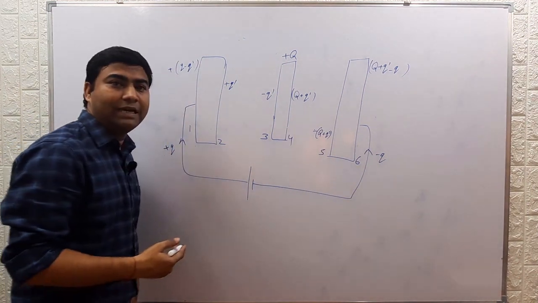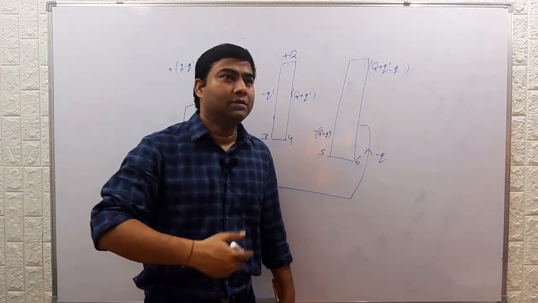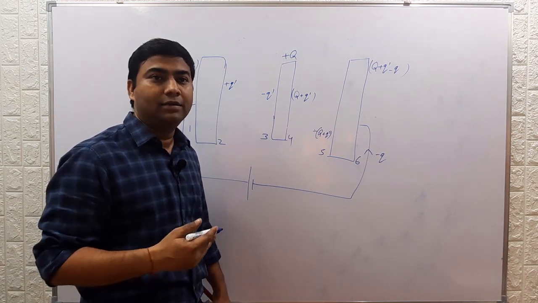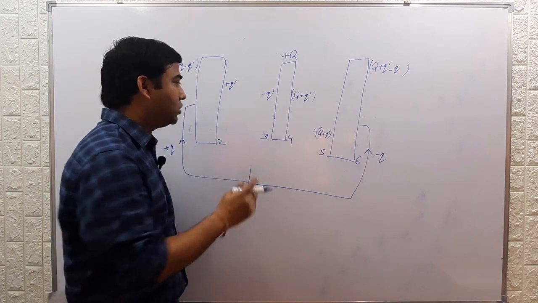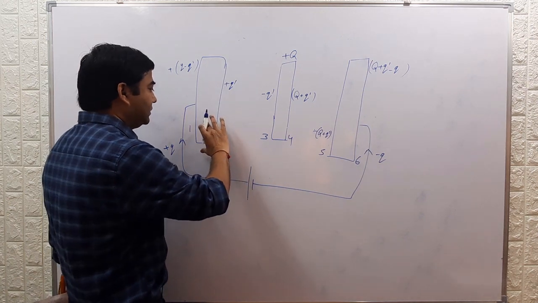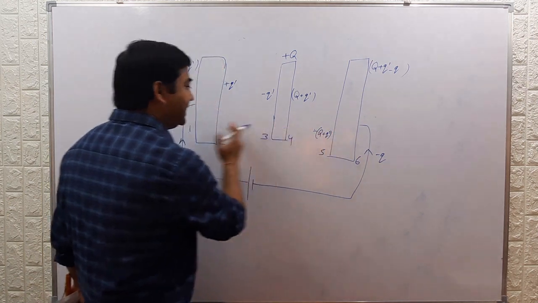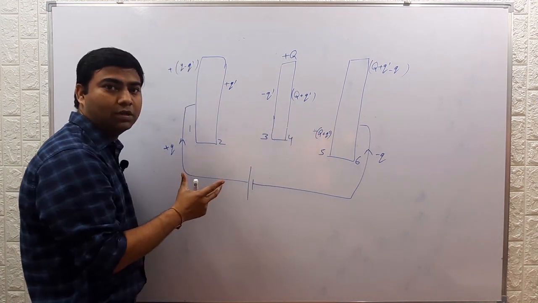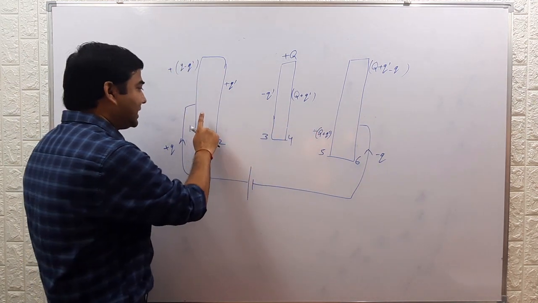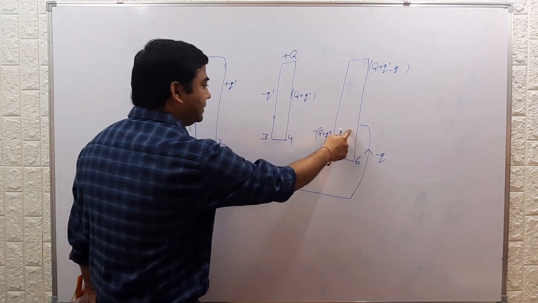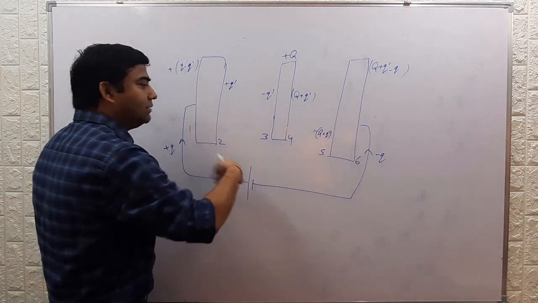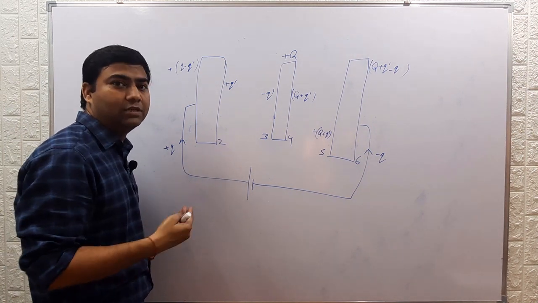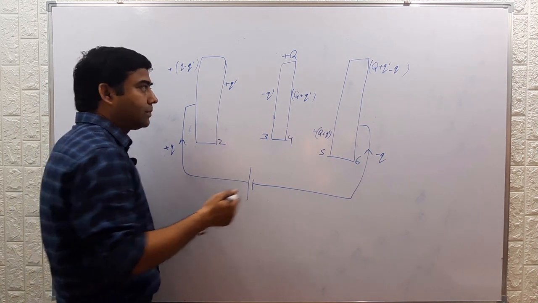So every face can be treated as a charged sheet of infinite dimension, because we have assumed that these distances are very small. So the electric field at any point in this area can be found by the formula of an infinitely large charge sheet.